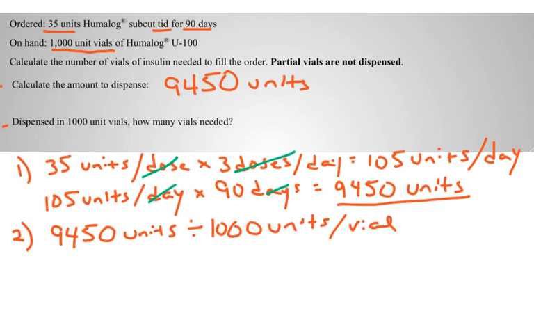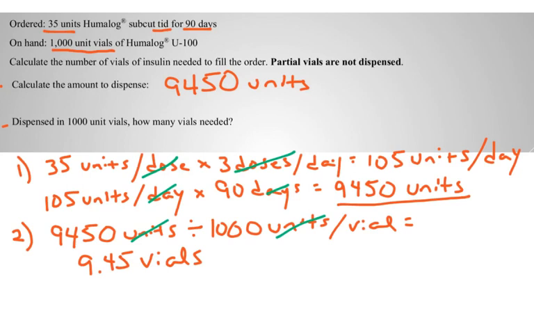We're going to cancel the units. The units go away. So when you do 9,450 units divided by 1,000, you get 9.45 vials, because you see what unit is left.